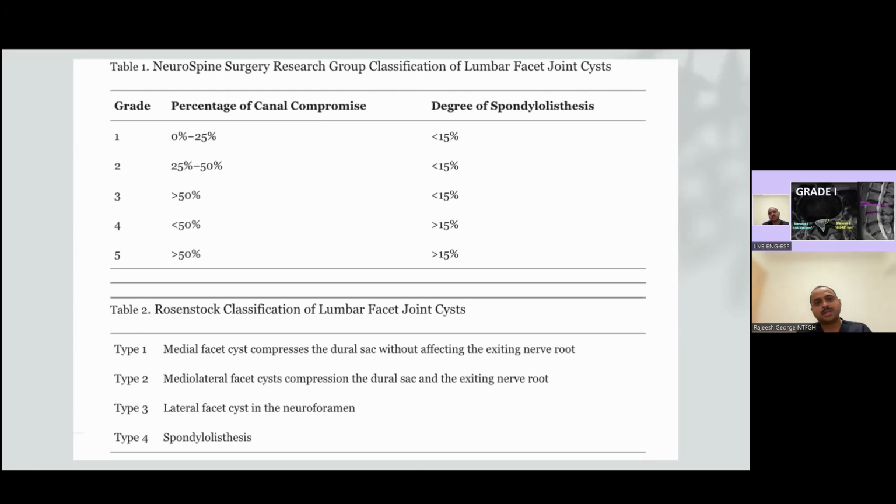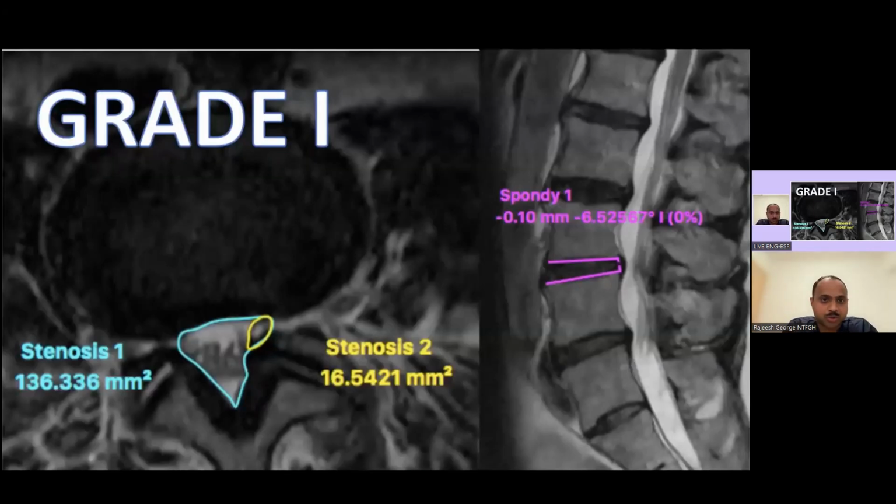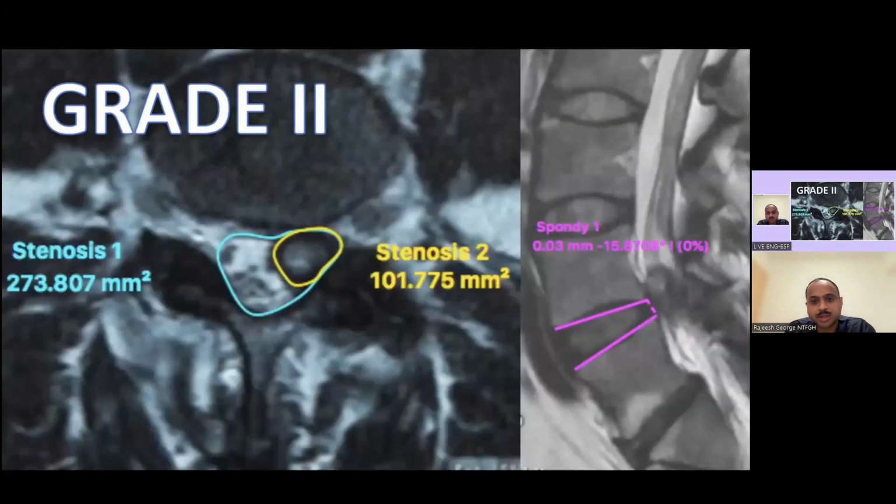So this is an example of a grade 1 according to the neurospine surgery classification. In a grade 1 cyst, you have less than 25% canal compromise and no listhesis. Grade 2 will be 25 to 50% with no listhesis.